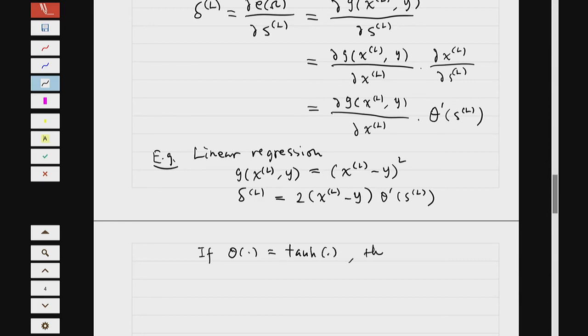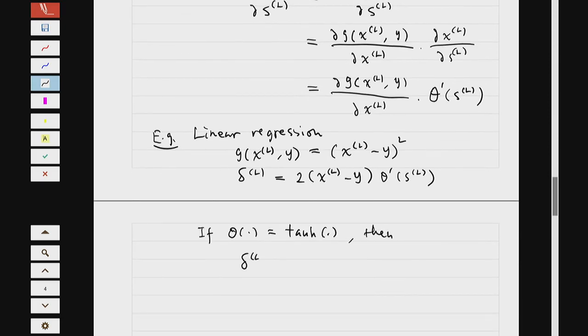Then what happens? Your delta L will be equal to 2 times X of L, minus Y. Again, you have X of L because you already passed through the forward propagation once. You get to the end already, so you know what X of L is. And then what is theta prime? Remember, for the hyperbolic tangent it is 1 minus theta squared, so that's a very nice property of the tangent.